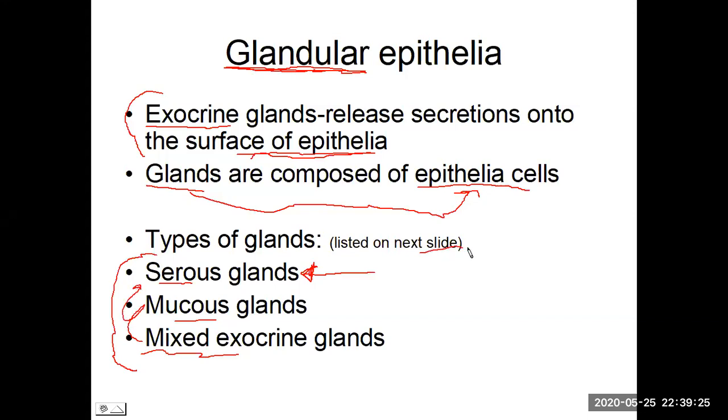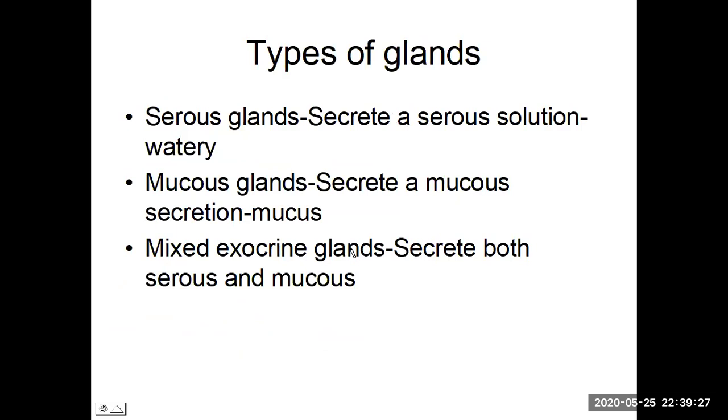So we'll continue there. A serous gland is producing a serous, watery secretion, so it's very fluid. A mucus secretion, just think of the mucus in your nasal cavity and your sinus cavities, very important to your trachea and digestive organs. Mucus secretion is much more viscous, a much thicker secretion.